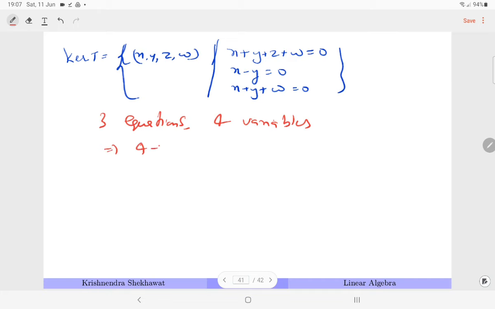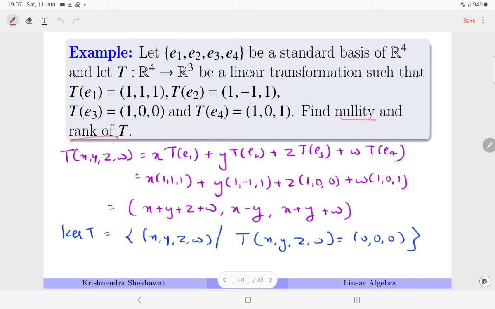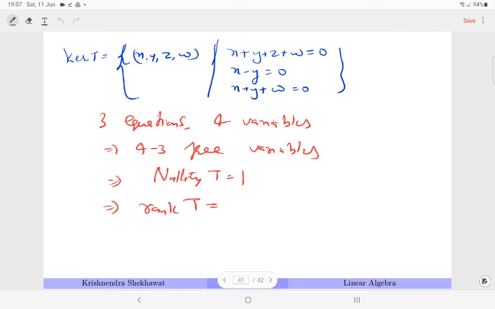It means 4 minus 3, one free variable. It means nullity T is equal to 1. It means rank T is equal to the dimension of R4, which is 4, minus 1, which is 3.